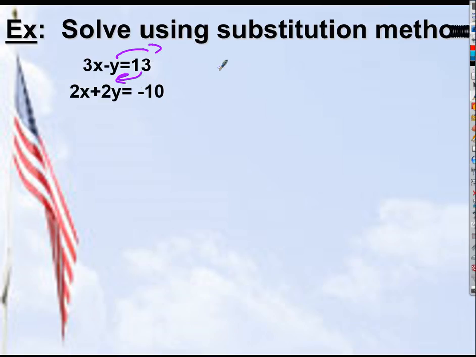So we get on the left side, 3x. On the right side? y. Okay, is it a problem that the y is on the wrong side? No, we can just flip it around, right? Doesn't matter which side goes where. It's an equation. So then we've got the substitution equation, y equals 3x minus 13.